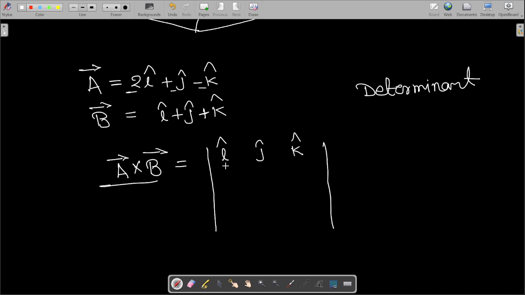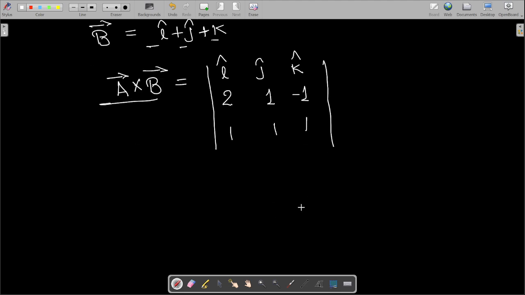For vector a, that is 2, 1 and minus 1. And the second one is 1, 1 and 1. So to find this, first of all, we will take i cap, and remove this column and this row. What will be left?